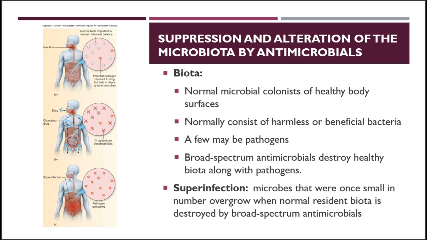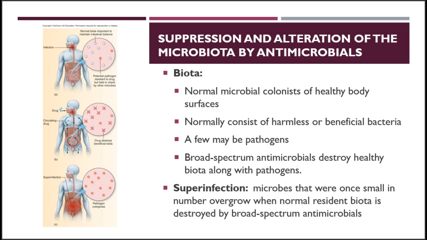So our body is colonized by billions of different organisms, and those normal flora, that natural biota, they colonize all of our healthy body surfaces, and they are typically harmless or sometimes beneficial organisms.